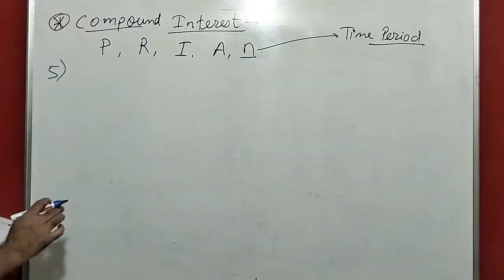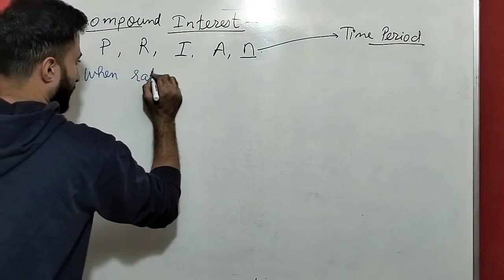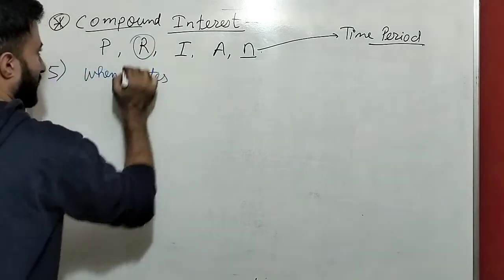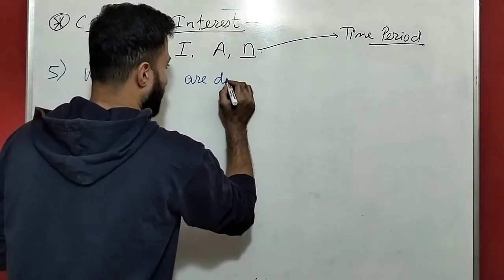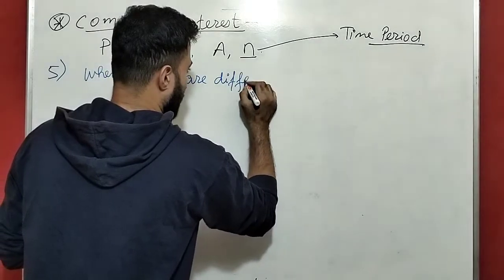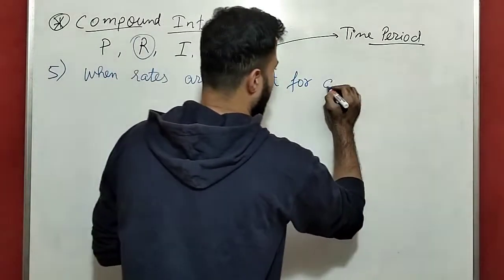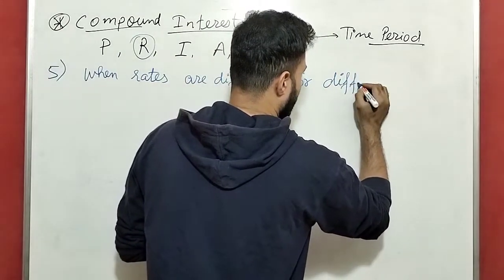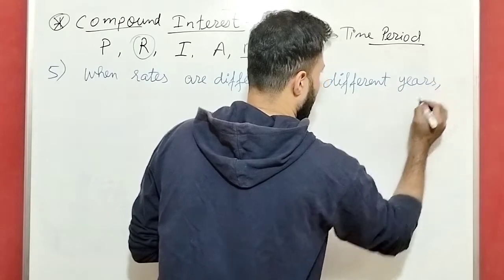Now the fifth one is when rates, this rate of interest, are different for different years.